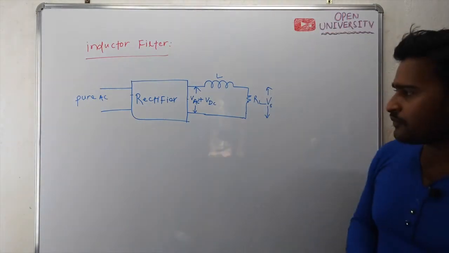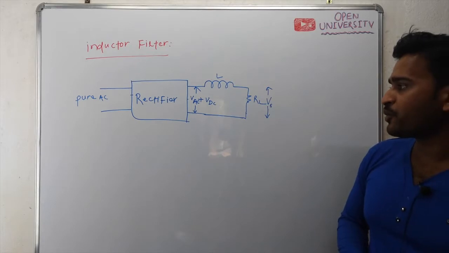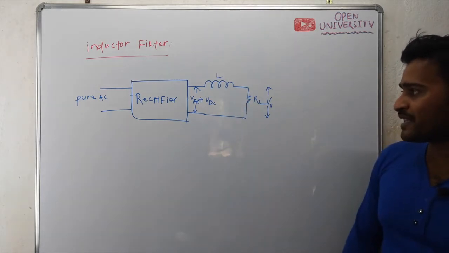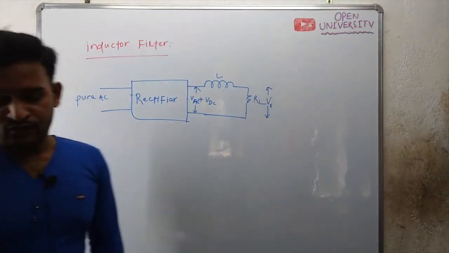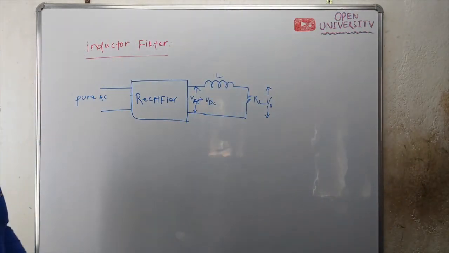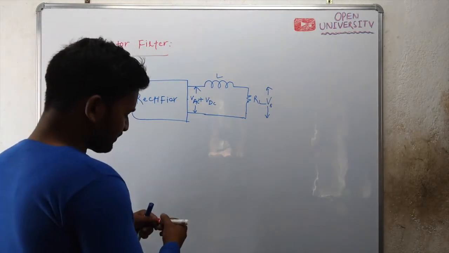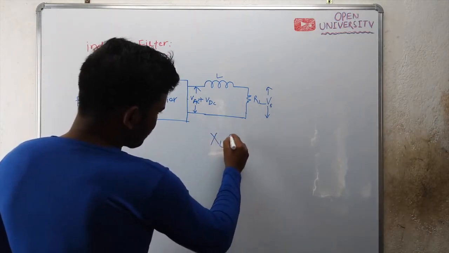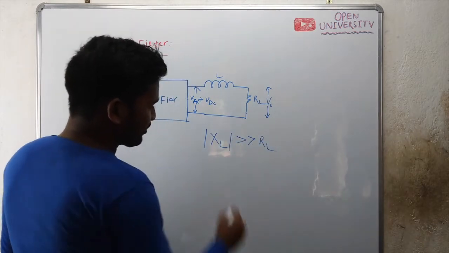Before discussing that, take another point. For proper filtering of AC components, the inductance of the inductor should be selected such that its reactance should be much greater than RL at ripple frequency.